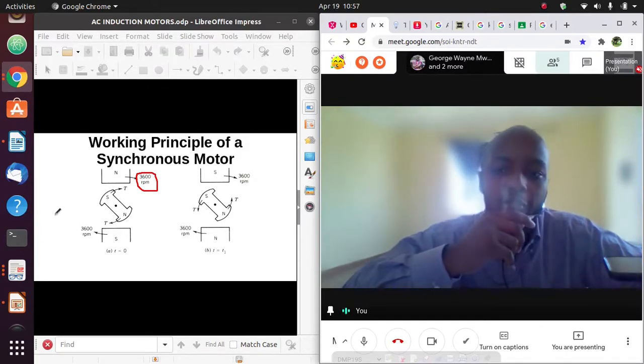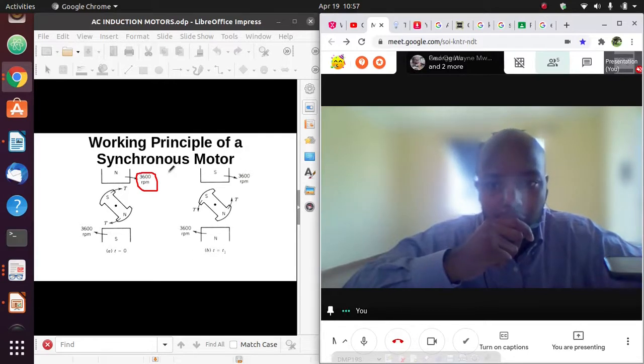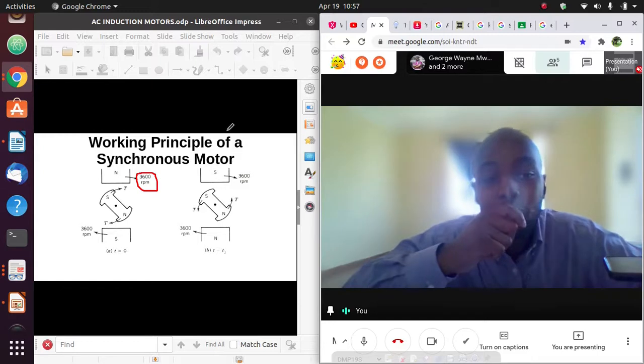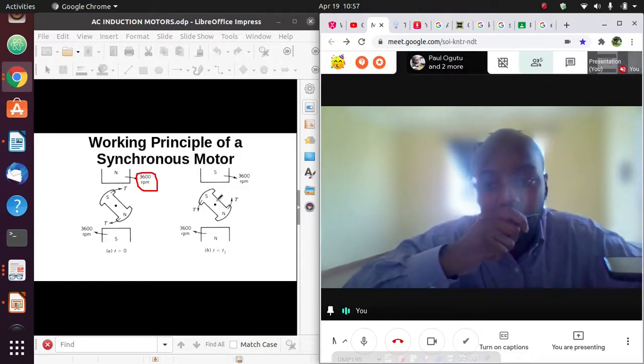It will try to follow it, but the stator magnetic field will move too fast. It reaches this point before the rotor even begins to move, and it repeats the starting point. So what will happen? It will try to rotate in the opposite direction, but again the stator field will move too fast because the rotor has high inertia, high starting inertia.